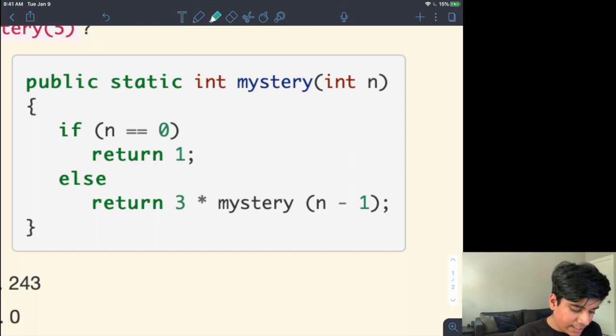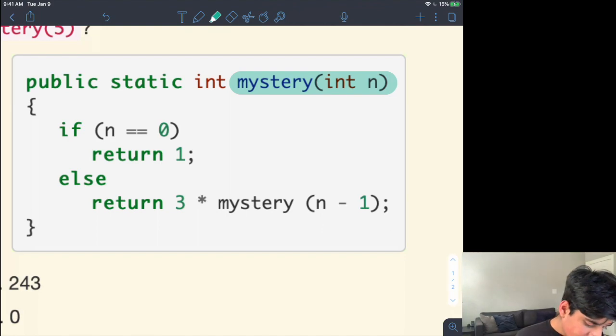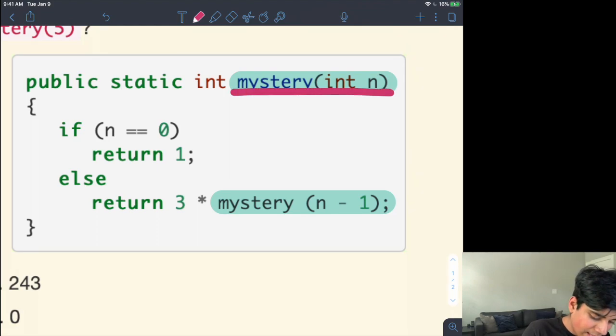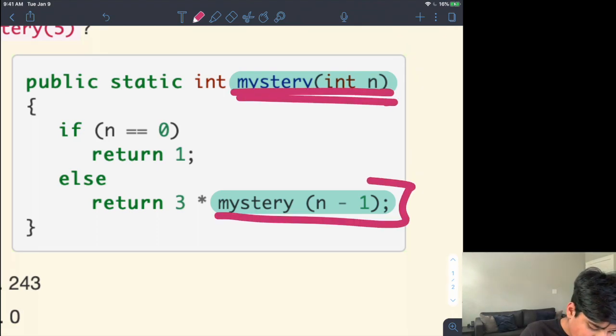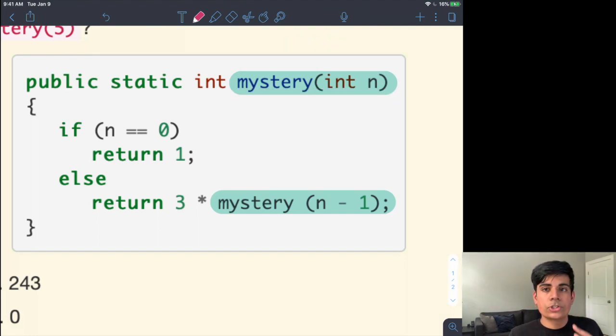In the header of the method, you can see the name of it, and the name of the method is mystery. But if you notice in the last line of the body of the method, you are calling the method mystery inside of itself. You're calling the same method that we defined inside of itself. And that is the entire concept of recursion, where you're repeating a process inside of itself.